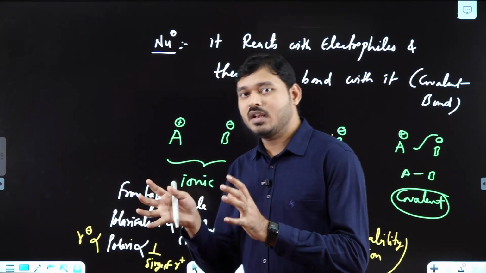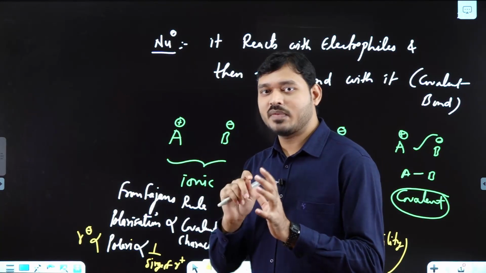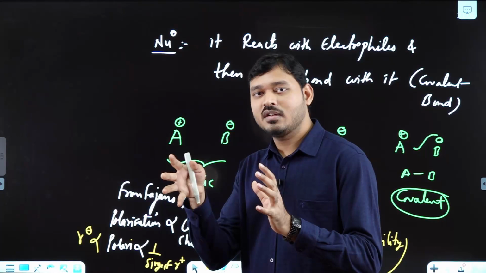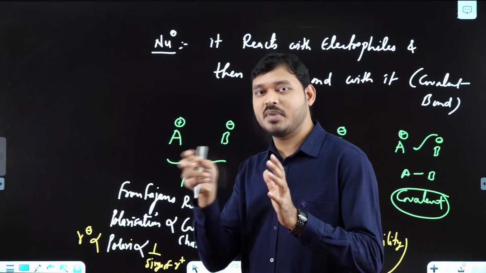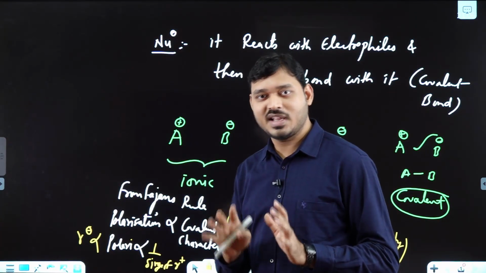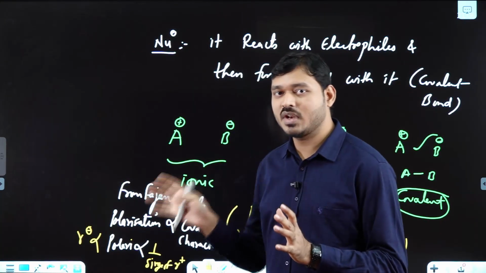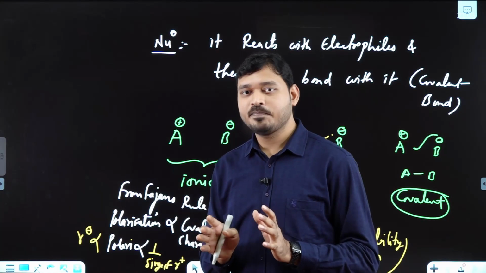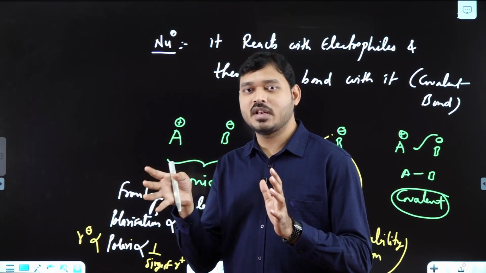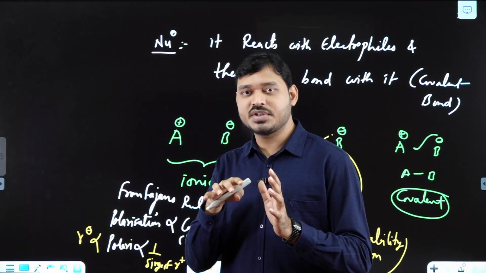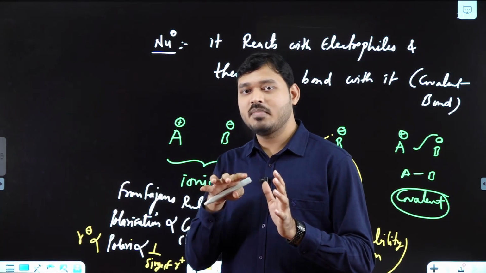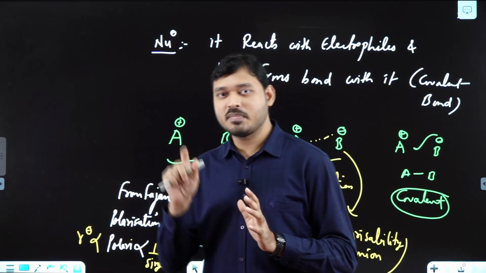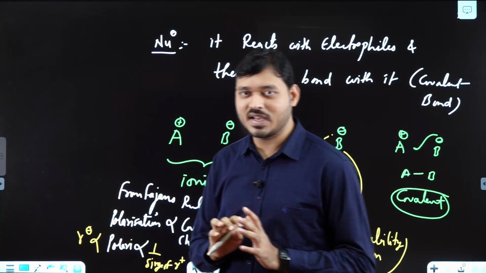It will be polarized towards the electrophile. So bigger the nucleophile, better will be polarization and better will be covalent nature. Clear to you? So in that way we have to relate polarization with bigger size of nucleophiles. So generally, bigger the nucleophile, better will be polarization, and hence better covalent nature generated, and hence it will be a better nucleophile. So bigger the nucleophile, better the nucleophile. Clear?